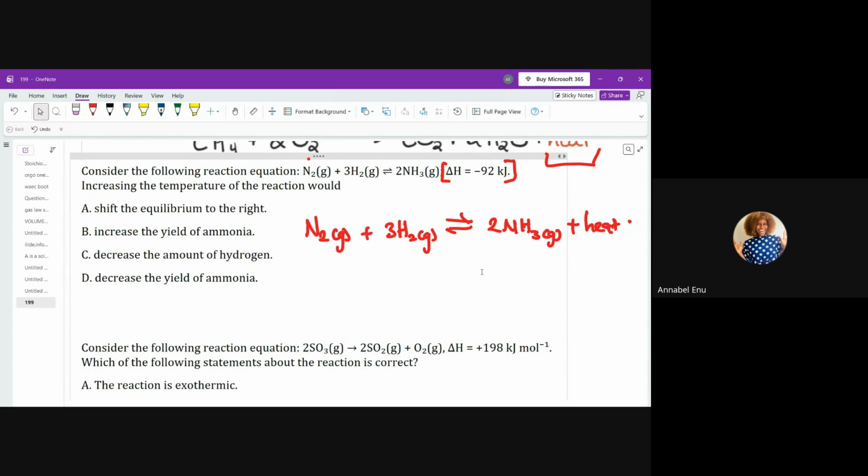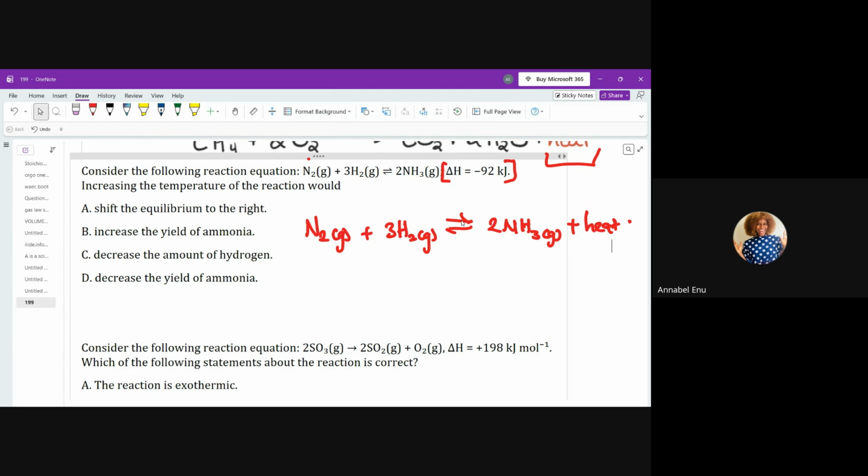I'm going to answer this question with us. The next one, you people will answer it. Equilibrium will shift away from the side where heat is. So tell me, what is the shift here? Is the shift to the right or to the left?